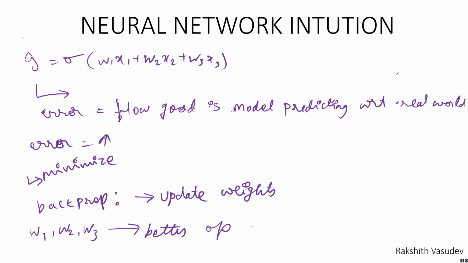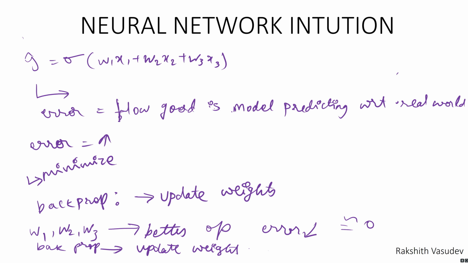If you get a better output, the error goes down. If the error goes down, you again back propagate, until you get to a point where the error is almost zero. You update the weights again, and as you do, W1, W2, W3 get better and your error goes down.